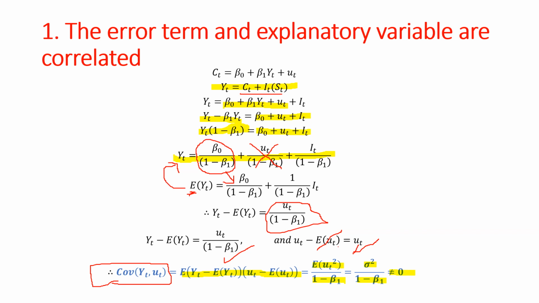So the covariance between Y and U does not equal 0. So Y and U are not independent. Therefore, one of the important assumptions of the OLS method is violated.